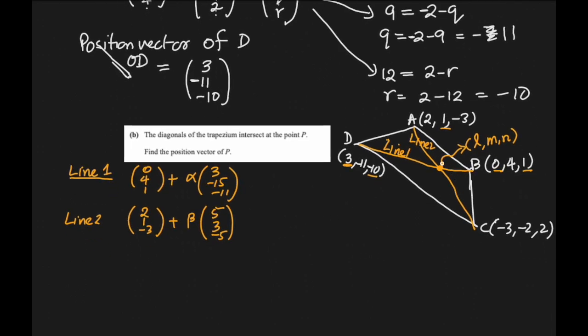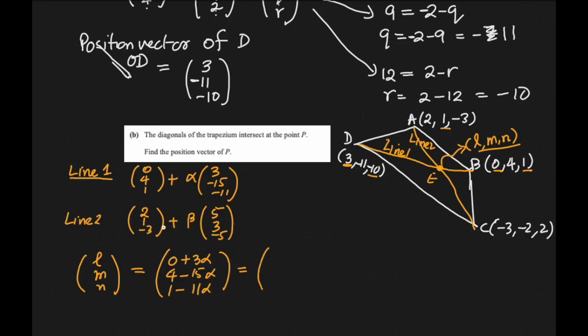Now since this point L, M, N lies on both the equations, this L, M, N will satisfy both of them. Suppose this is the position vector of the intersecting point, let's call it E. It will be same as 0 plus 3 alpha, 4 plus 4 minus 15 alpha, and 1 plus 1 minus 11 alpha.